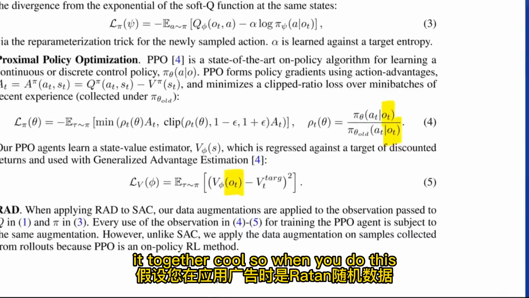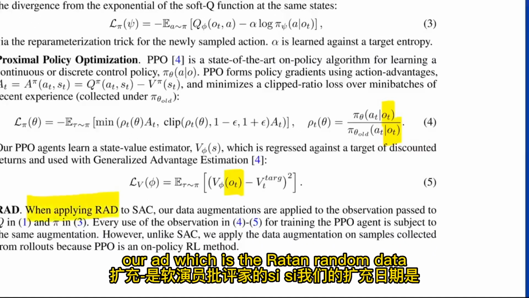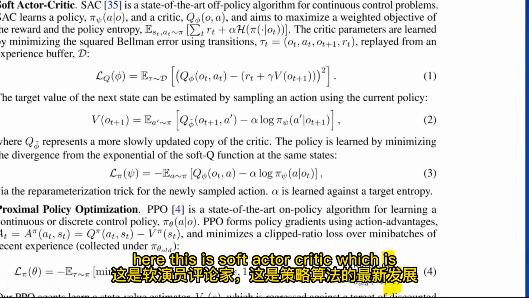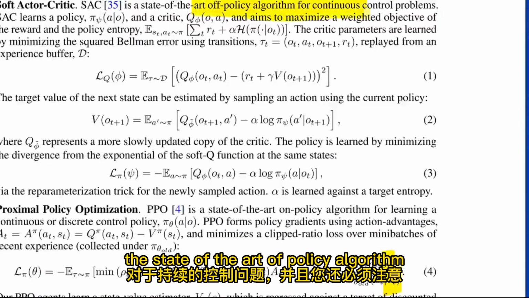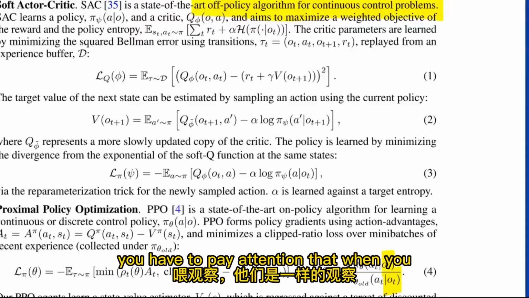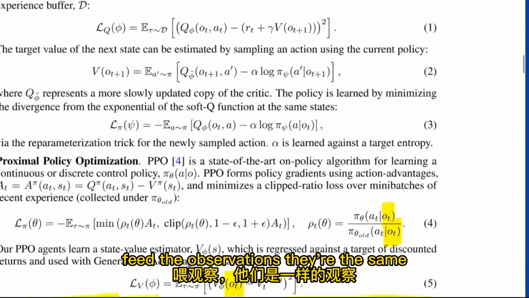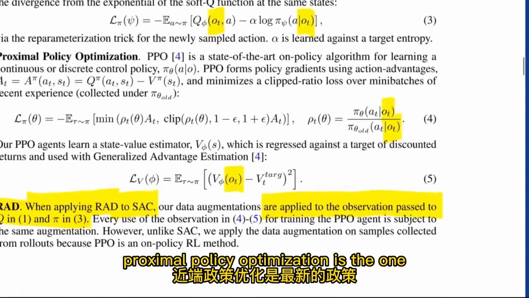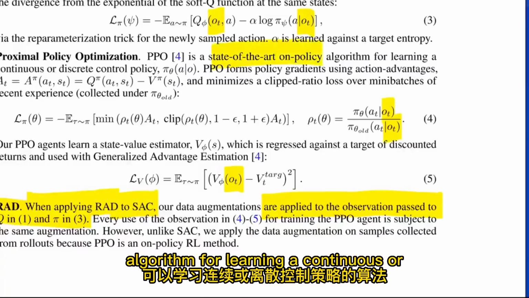So when applying RAD, which is the random data augmentation, to SAC, which is soft actor critic, right? Our data augmentations are applied to the observation passed to Q and pi. So, sorry, this is the thing up here. This is soft actor critic, which is a state-of-the-art off-policy algorithm for continuous control problems. And also you have to pay attention that when you feed the observations, they're the same observations, like here and here. And then proximal policy optimization is a state-of-the-art on-policy algorithm for learning a continuous or discrete control policy.